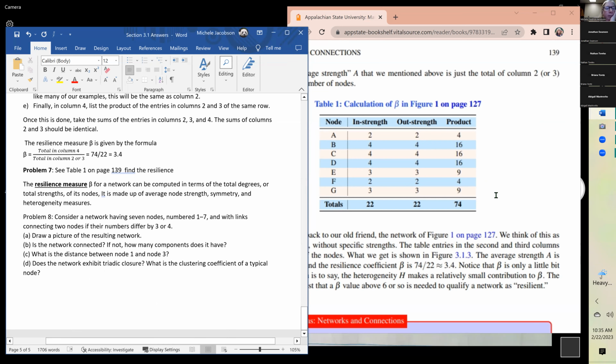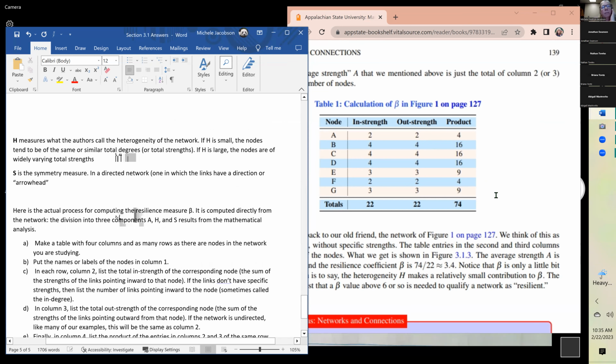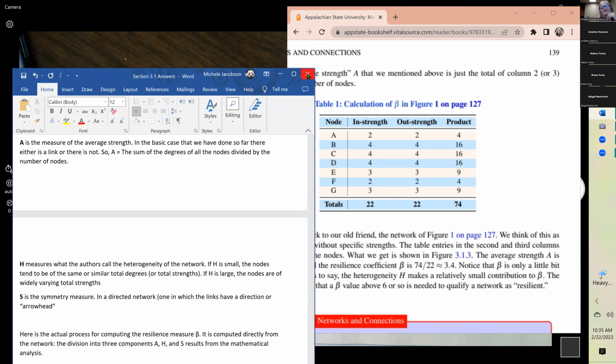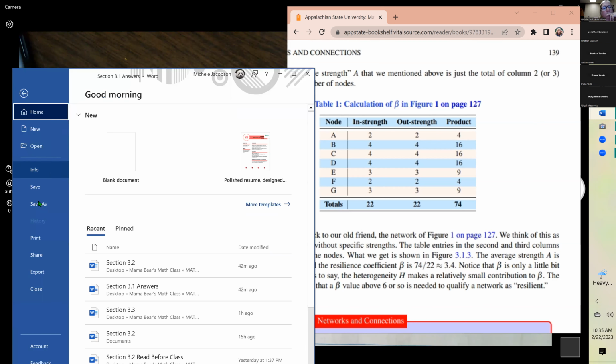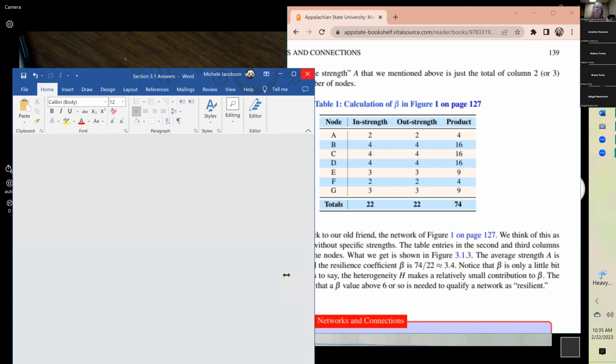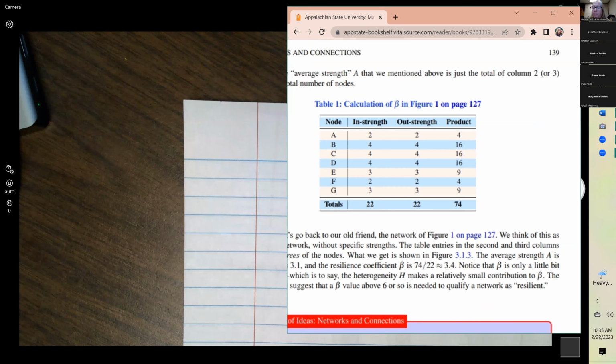That's everything from this section. Any questions on it? You think you can set up the table? Here, let's look at the problem.